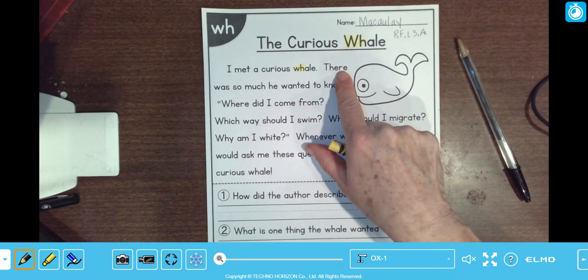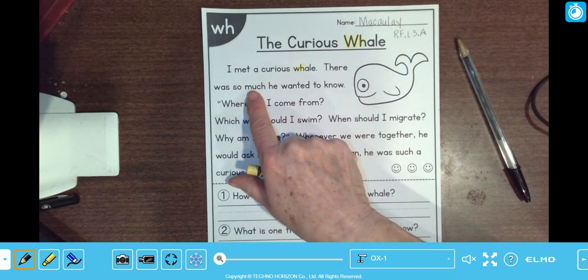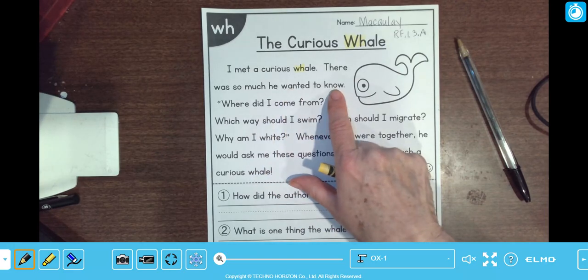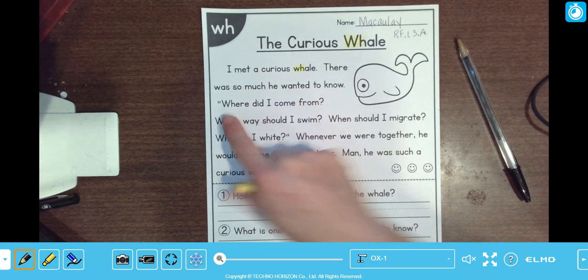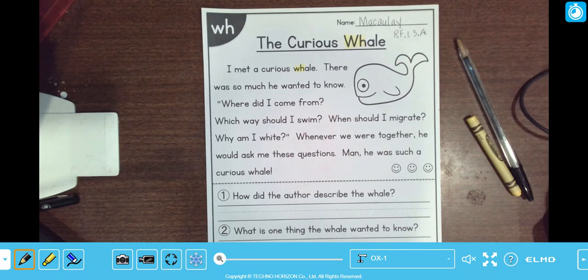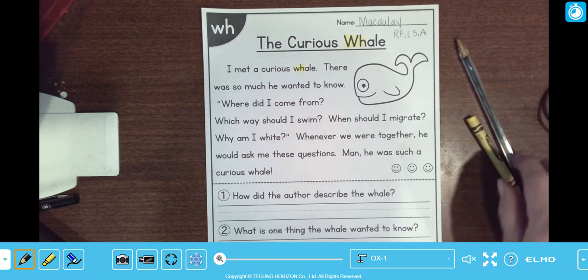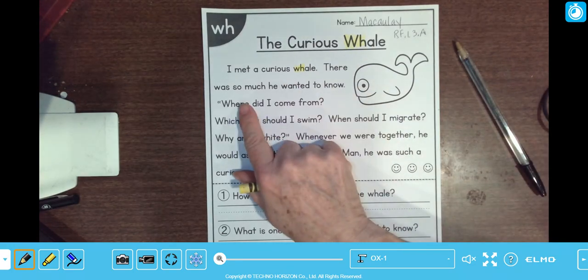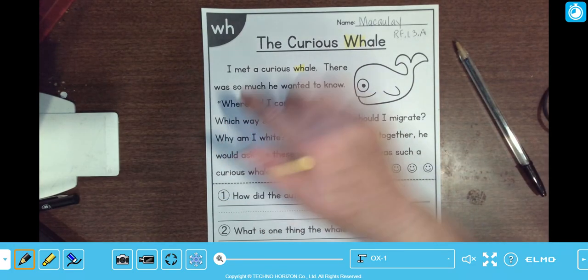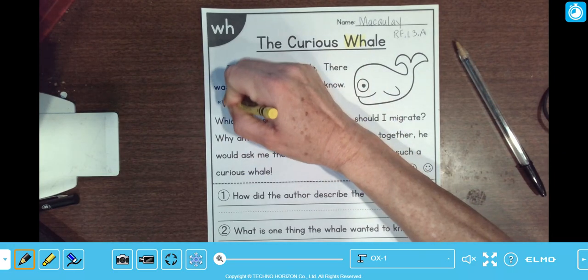Okay, then here. Okay, nothing there. Look, right here. Sorry about that. Okay, then the WH right here. Right there, let's color that in.